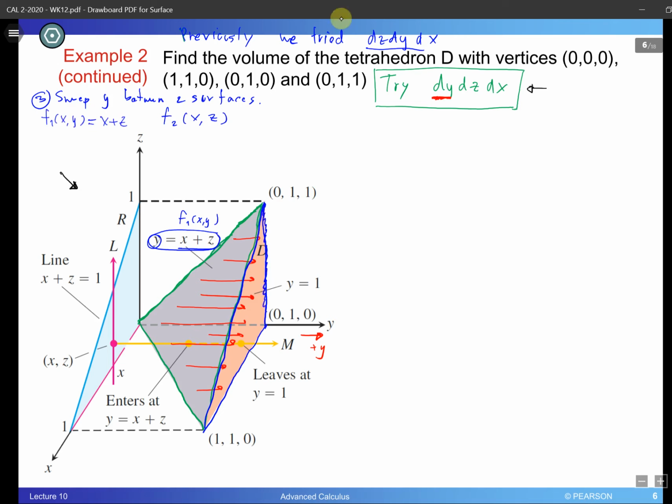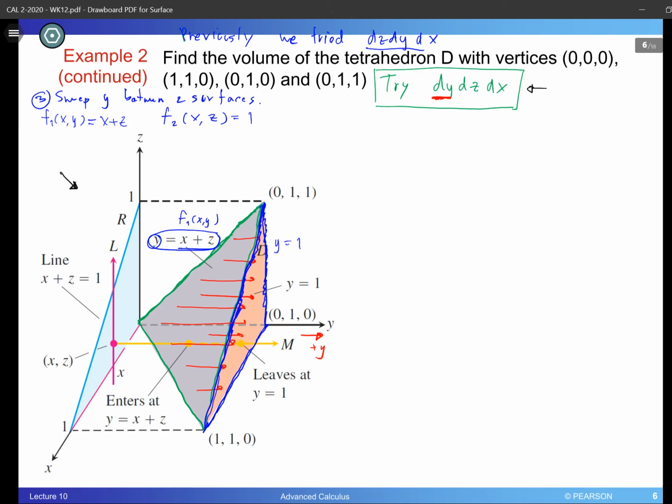Okay, let me highlight this a little bit better for both of them. This one is the right plane. So this one is going to be the y value, and as you can see here, this one has a constant value of y equal to 1. So this f2 is going to be equal to a constant value of y, which is equal to 1. So there you go.